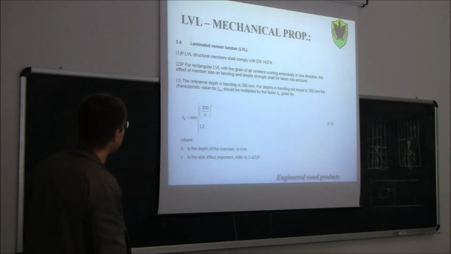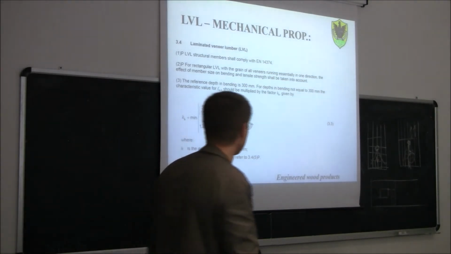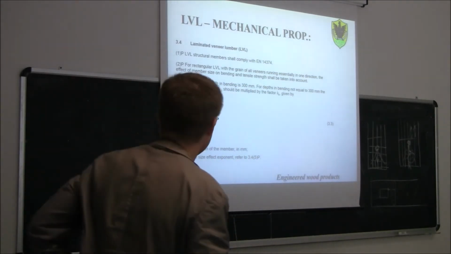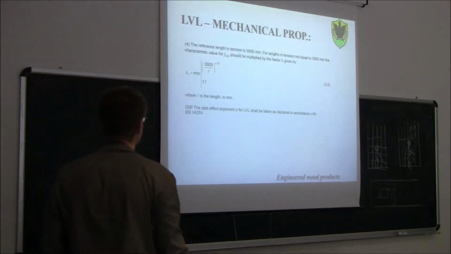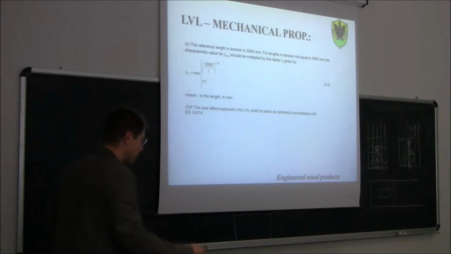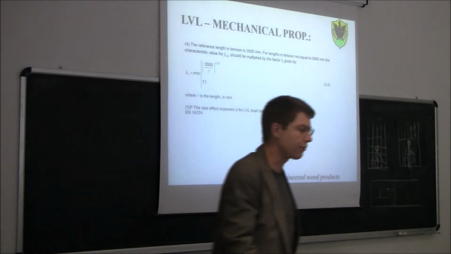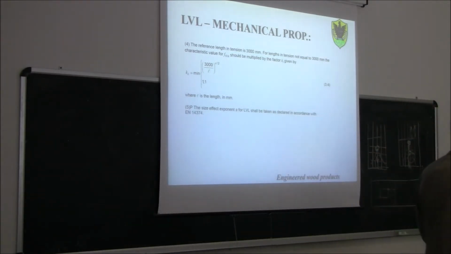If your depth is different from 300 millimeters, then the characteristic strength should be multiplied by this factor here, taking into account the different value of the depth. Also, for tension, the reference length is 3000 millimeters, so 3 meters. If you have members which are shorter or longer, then you need to multiply the strength by this size factor here.